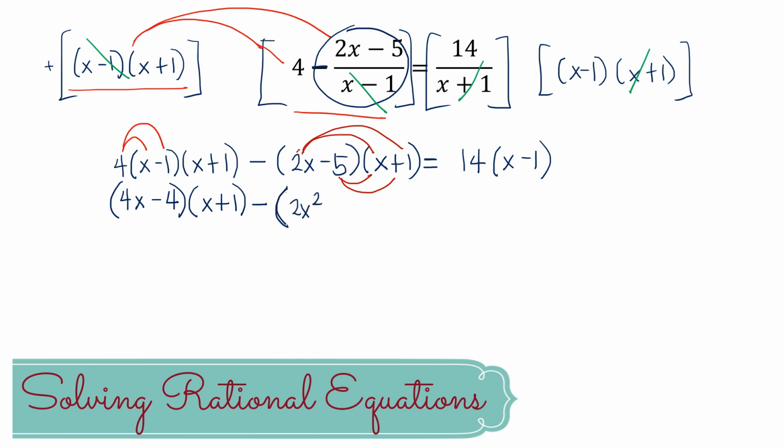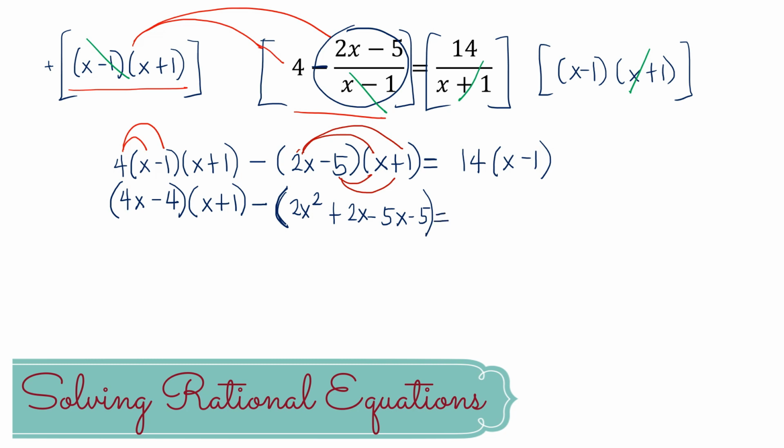Take note, it's very important to put parentheses here, okay? Because later on, you will see the importance. So 2x times x is 2x squared. Then 2x times positive 1 is positive 2x. And then negative 5 times x is negative 5x. And then negative 5 times 1 is negative 5, equals.